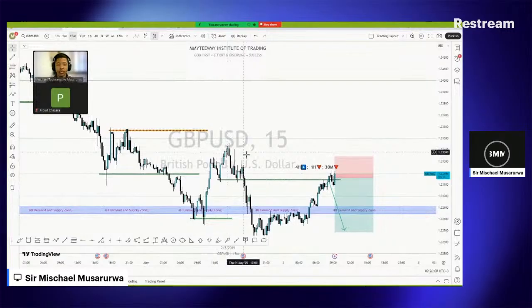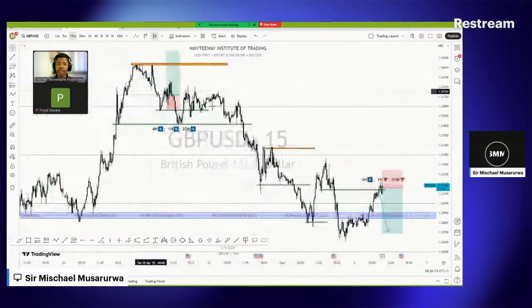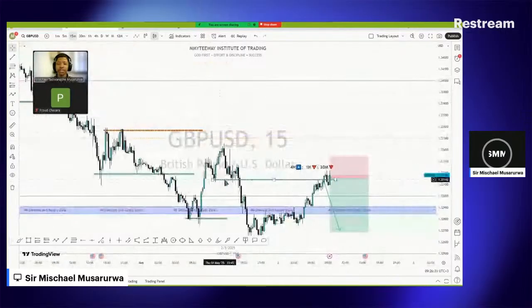GBP USD, as we can see, we have a clear downtrend here. 4 hour, 1 hour, 30 minutes, clear downtrend. And now we are making a retest of the neckline.